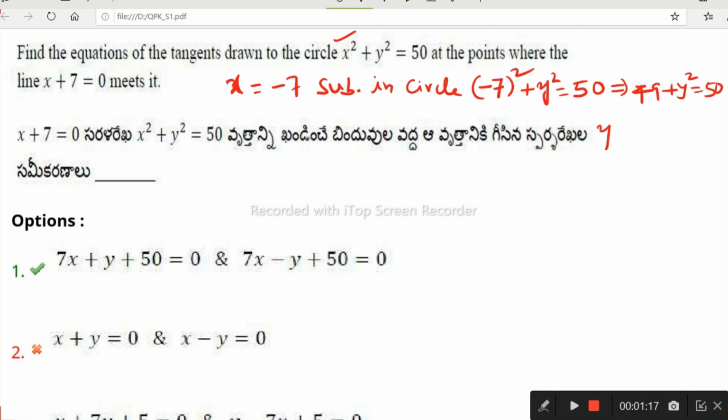So what is y square? 50 minus 49 is 1. y square is 1 means what? y is equal to root 1, means plus or minus 1. There will be two values of y. One is plus 1, the other is minus 1. Now there will be 2 points.